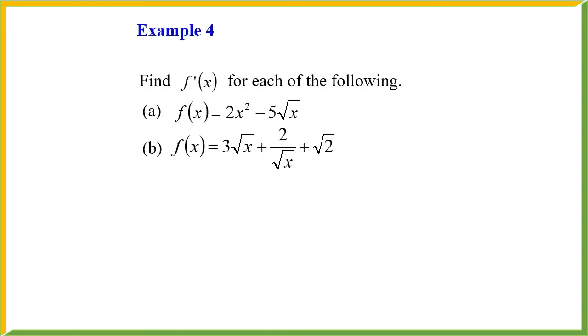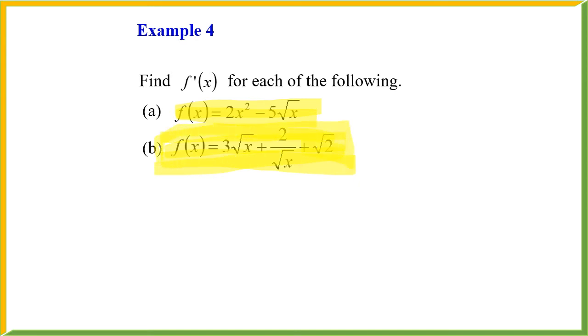So example, f(x), find the f prime x for each of the following. So we have f(x) equal to 2x squared minus 5 root x, 5 root x, sorry. And then question B is 3 root x plus 2 over root x plus root 2. Okay.